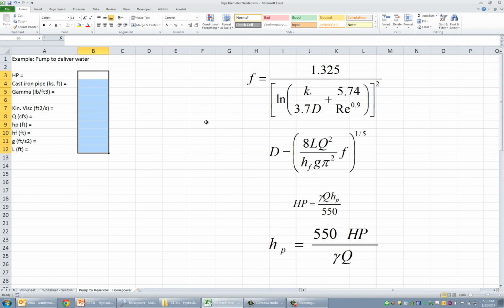What we'll begin with is that we know the pipe diameter is unknown, but a lot of the other information is already given. We know, for example, that the pump is 10 horsepower, which is how much energy the pump provides, and we know for cast iron it's 0.00085 feet is the equivalent roughness, and the unit weight of water is 62.37 pounds of force per cubic foot.